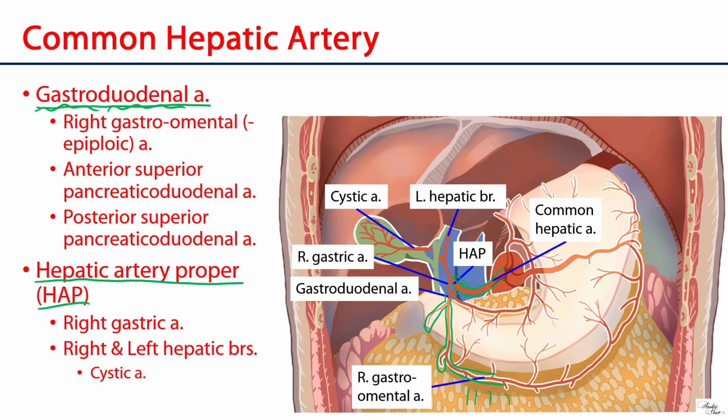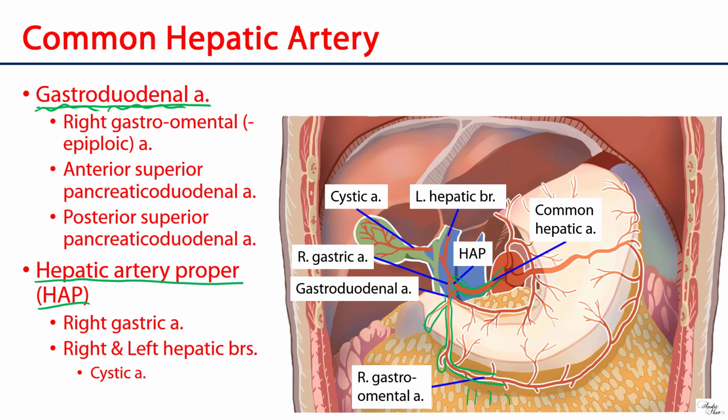These superior pancreatico-duodenal arteries are going to serve the duodenum as well as the head of the pancreas. And they're going to be important anastomoses with branches of the superior mesenteric artery, which we'll discuss towards the end of this video.